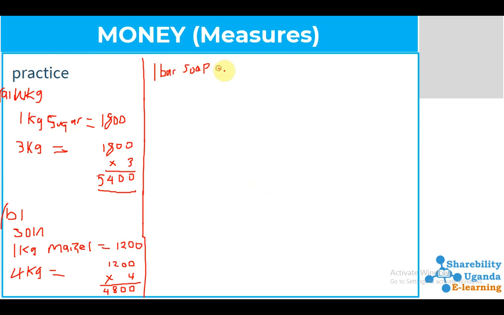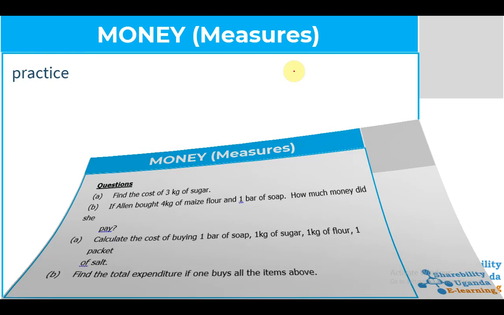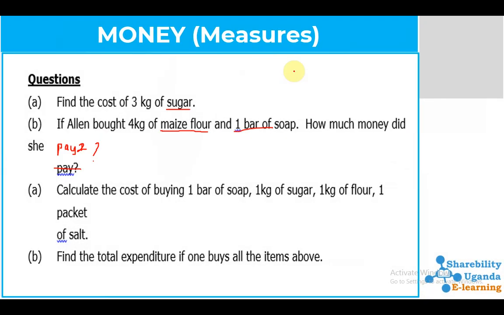So what did we say a bar of soap is? It is 1,000 shillings.